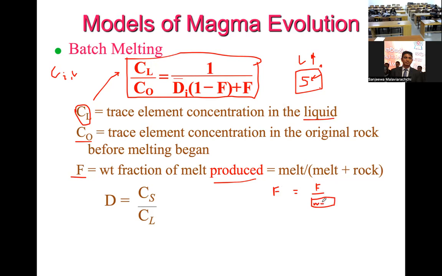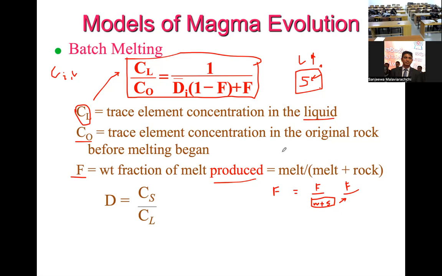So you have a residue after melting. You take the entire mass of that, and the amount of melt is divided by the total, the residue plus the amount of melt, right?